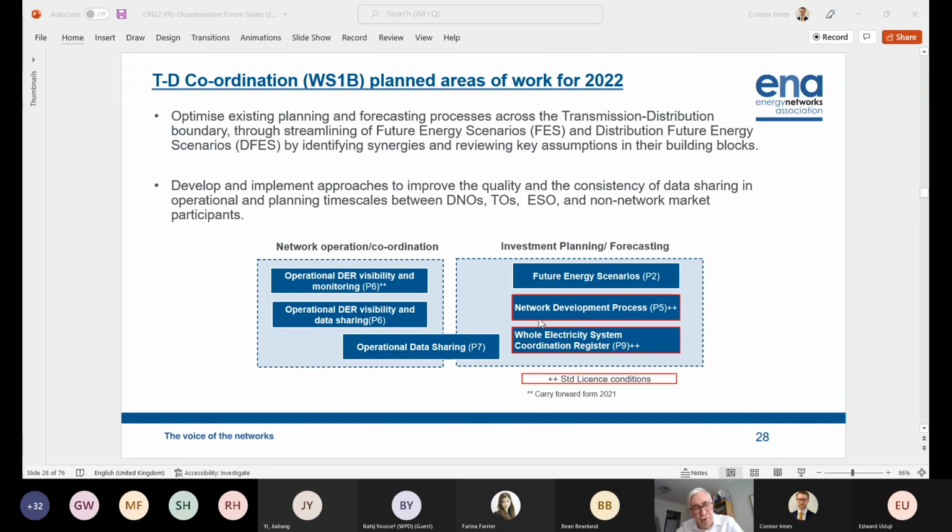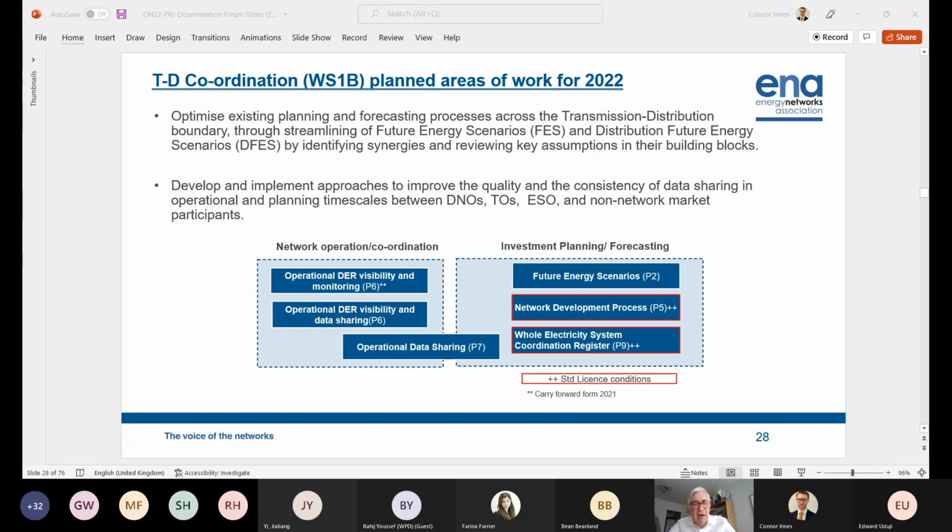This product has also delivered what we're terming a best view scenario. In a normal DFES, as with the FES, there are several different visions of the world going forward, depending on government moves and the way the marketplace moves.